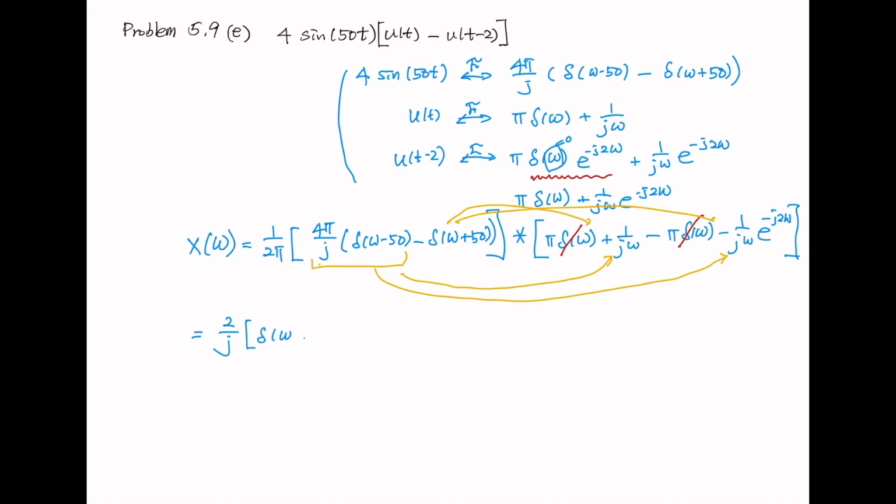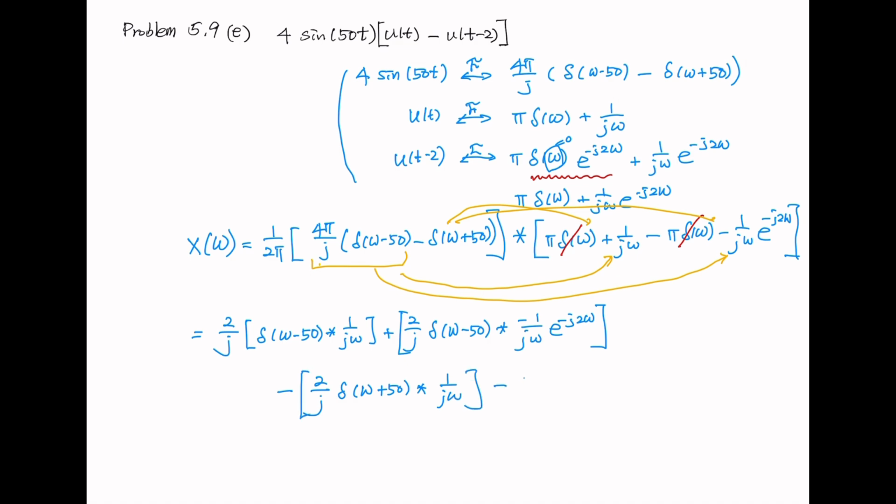We have delta omega minus 50 convolved with 1 over j omega, plus 2 over j delta omega minus 50 convolved with negative 1 over j omega e to the negative j2 omega, minus 2 over j delta omega plus 50 convolved with 1 over j omega, and then minus 2 over j delta omega plus 50 convolved with negative 1 over j omega e to the negative j2 omega.